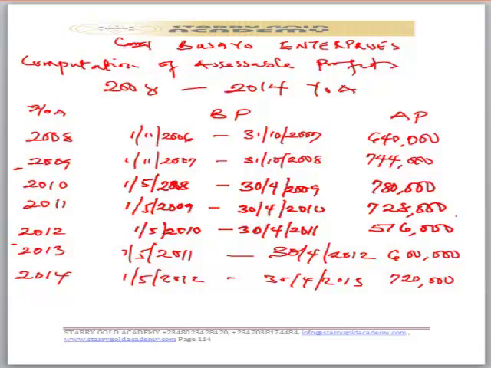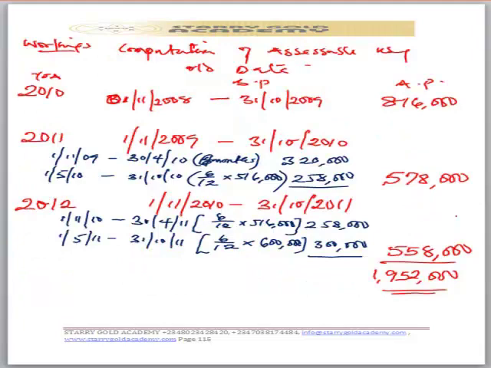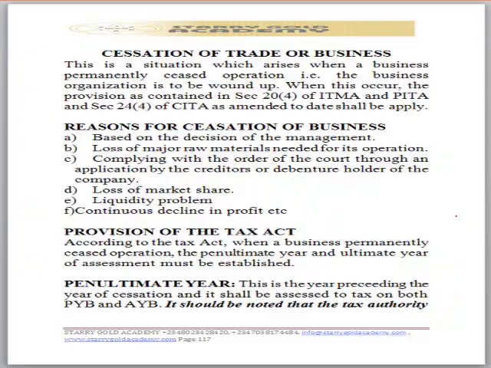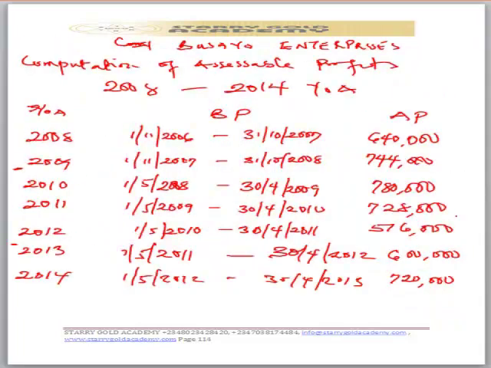The basis here is that you should be able to compute the assessable profit for the 3 relevant years, after which you would now have to do your comment.